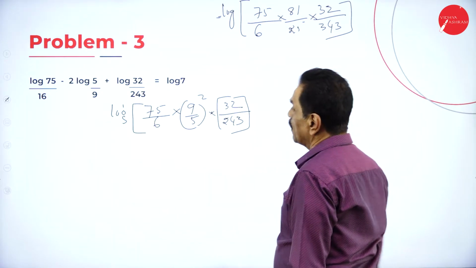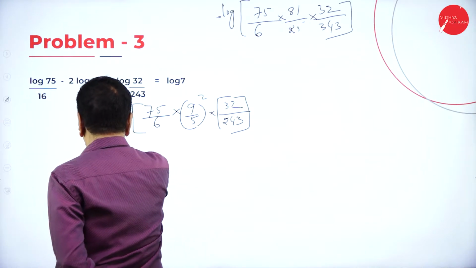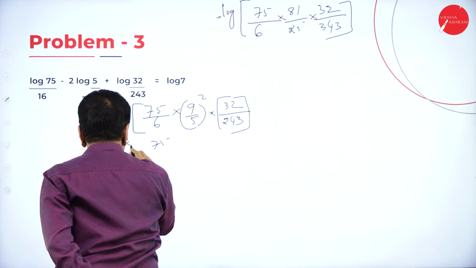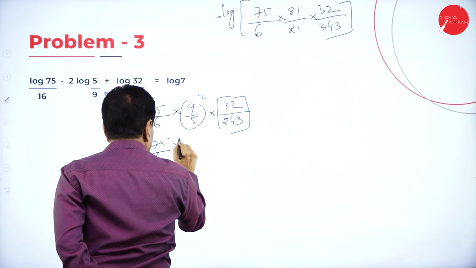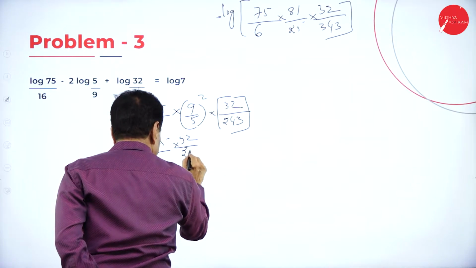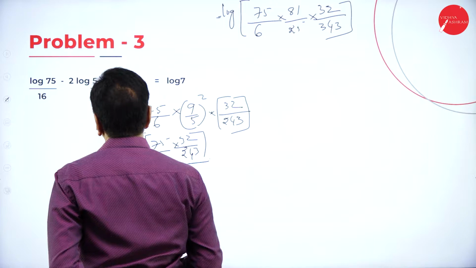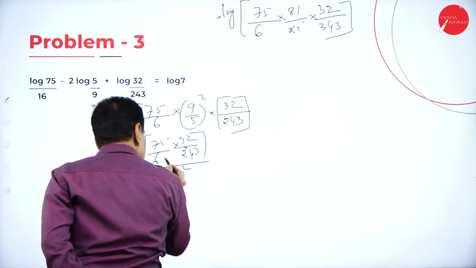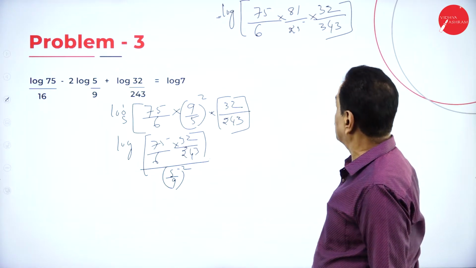No problem at all. We can write this one this way also: 75 divided by 16 into 32 divided by 243 divided by 5 by 9 whole square. We can write like this, then we can take it outside. So I directly took that, that's all.